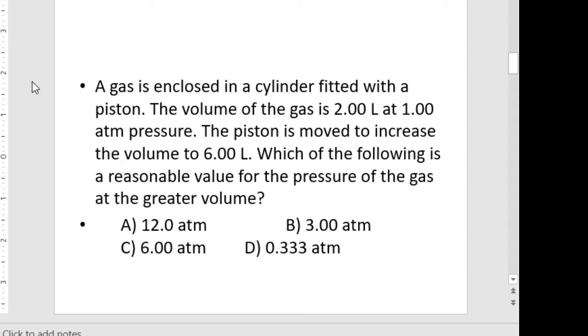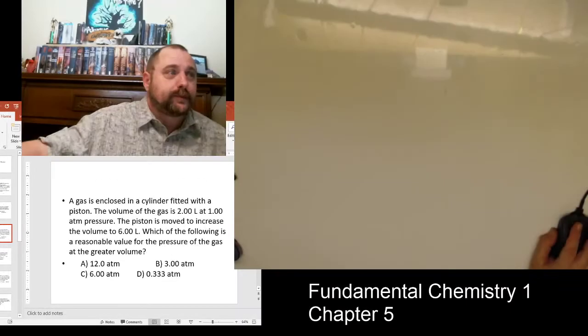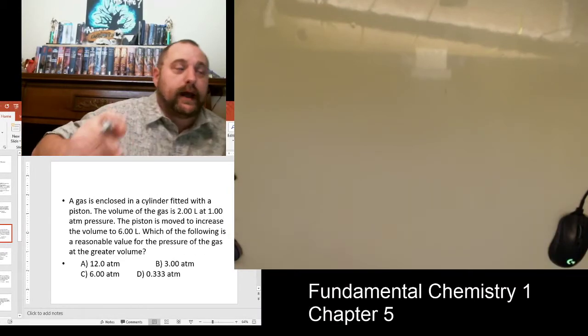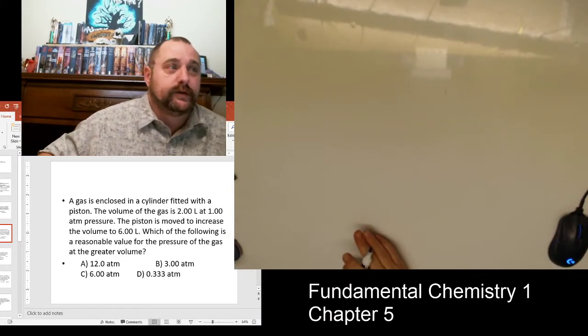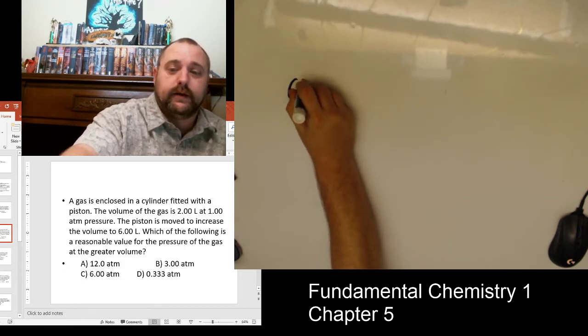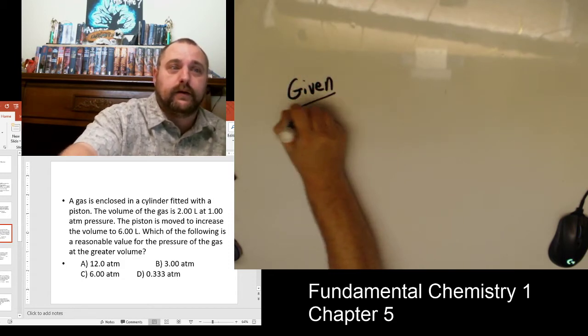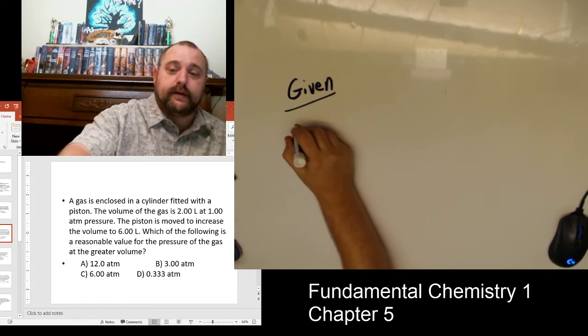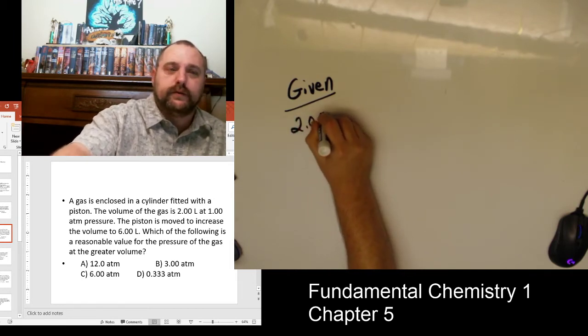All right. So make sure you can identify which gas law is which. So the next question, we see a lot more going on. It's a longer looking one, but we see some numbers. So let's go ahead and break this one down. So I've got a gas enclosed in a cylinder fitted with a piston. The volume of the gas is, so I'm going to start with my given. All right, and so the volume of the gas, I've got 2.00 liters.